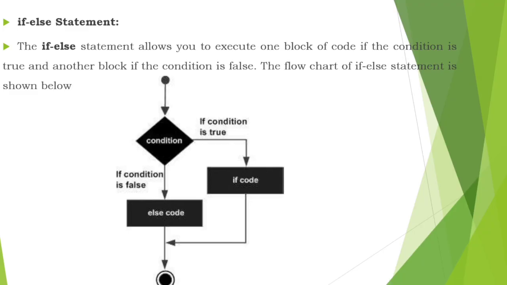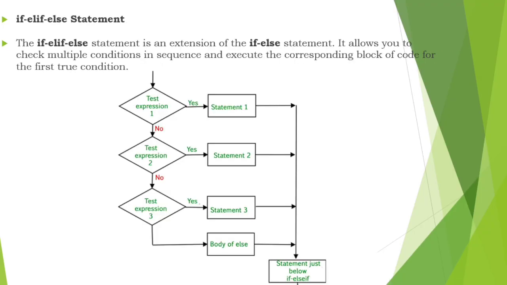Then we'll now have another one. When you want to have multiple if statements with an else, it is called the if elif else statement. I'll show us how it works. We have the first condition. If the condition is true, then the condition statement is executed, and after executing it, leaves the code.